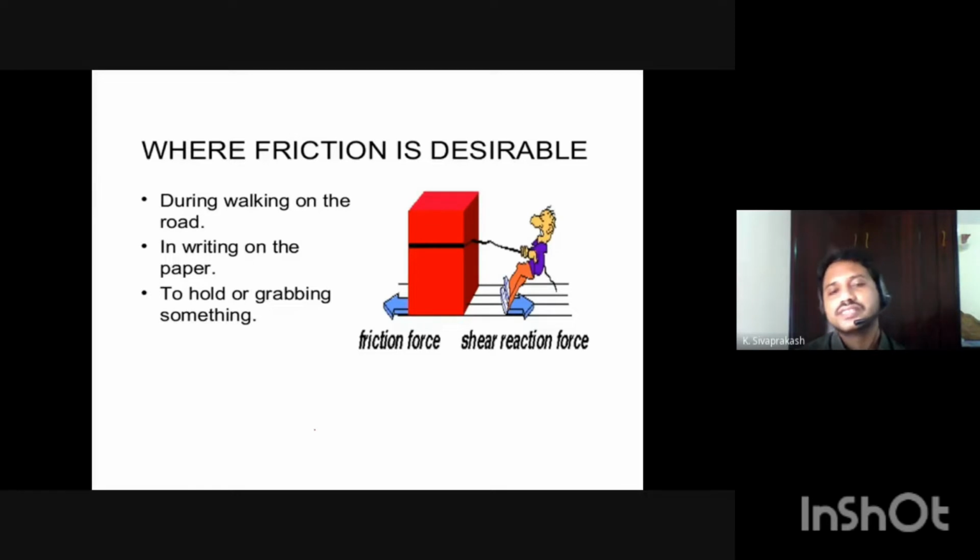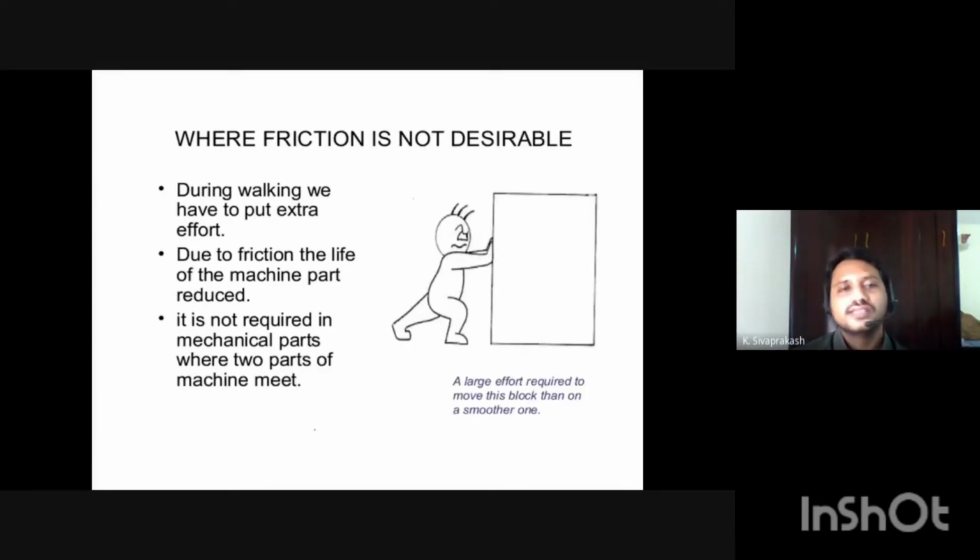Friction is desirable in some applications, and not desirable in other cases. When you are walking up a hill, you have to apply extra force, because the friction force is more in that case.